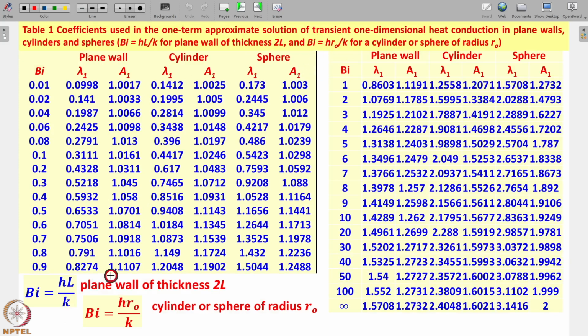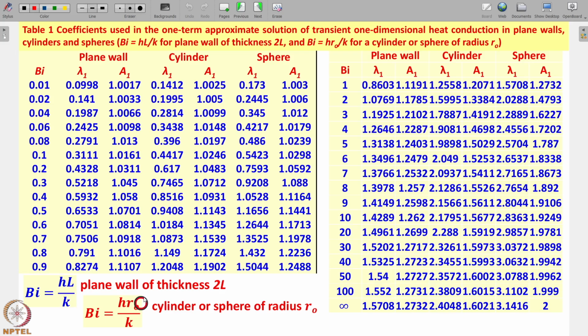The most important thing I want to re-emphasize is that the Biot number for a plane wall is hL by k, and for cylinder and sphere it is h R naught by k. Remember that this Biot number is different from the Biot number we defined for the lumped body. For a lumped body it is h Lc by k, where Lc is volume by surface area.